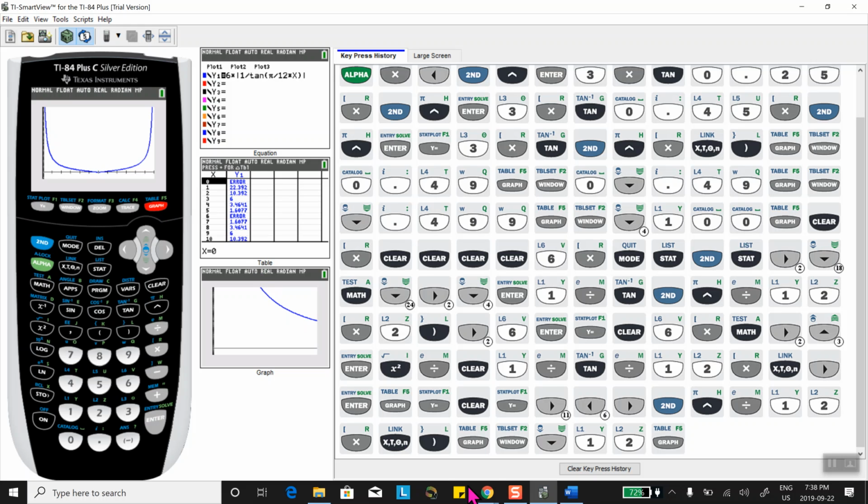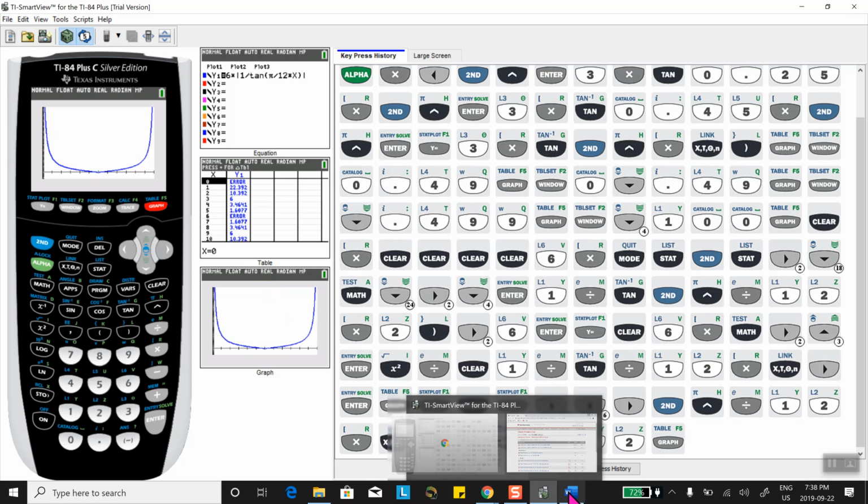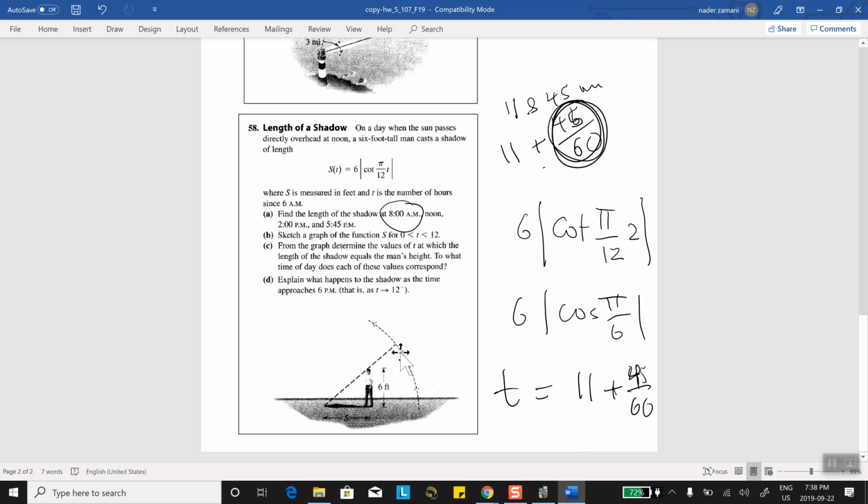So needless to say that at 2 instances, this guy's shadow becomes infinite. One is when you're way down here, this guy's shadow is extremely big. And the other one is way down there, where the guy's shadow is on the other side and very large.